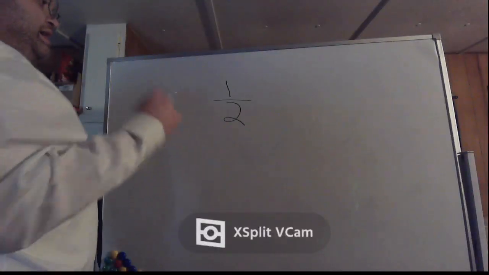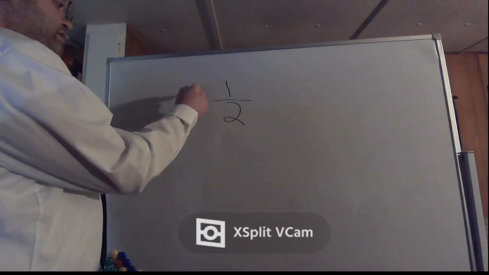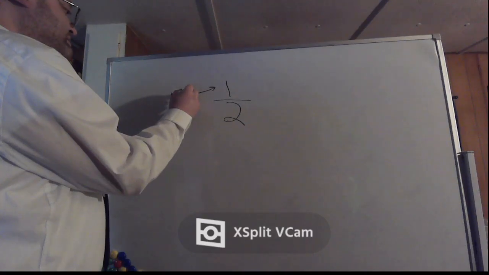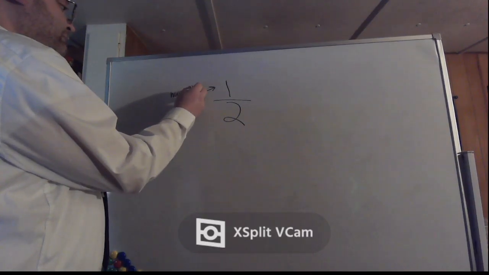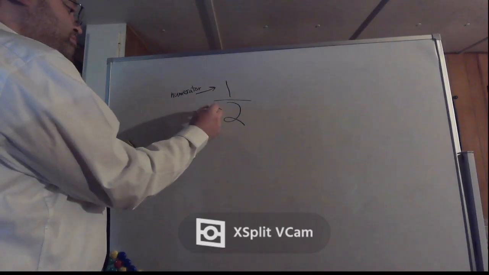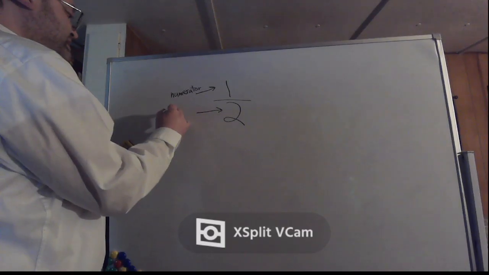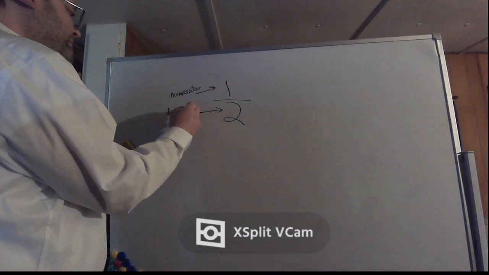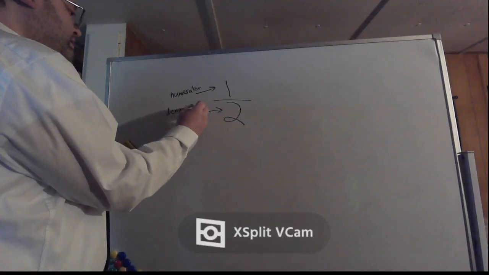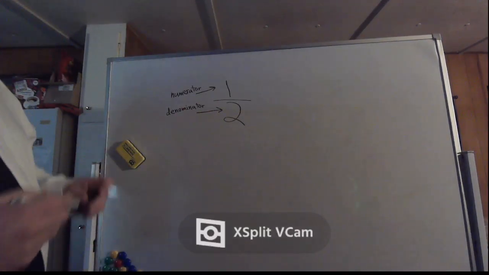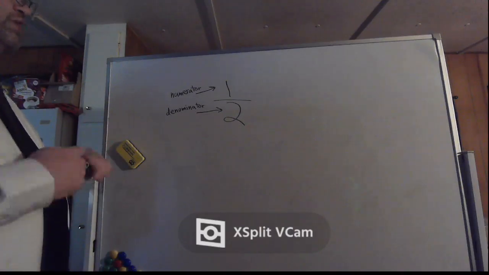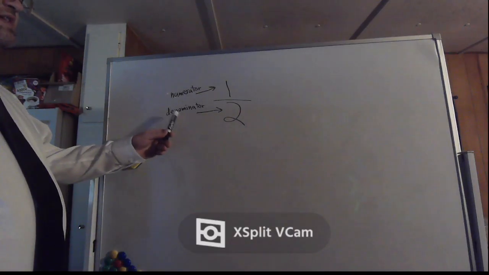So, in the top part here, you have what's called the numerator. That is the numerator. In the bottom part here, you have what's called the denominator. If you want to remember which part is called which, think of the denominator as D, down.